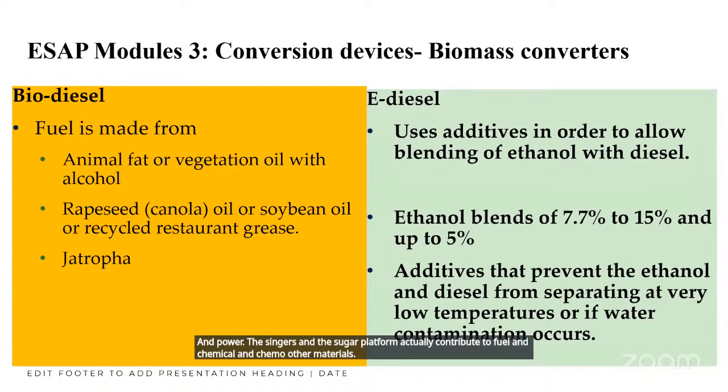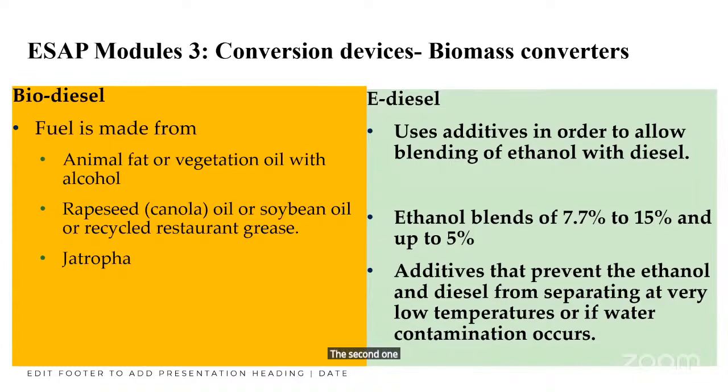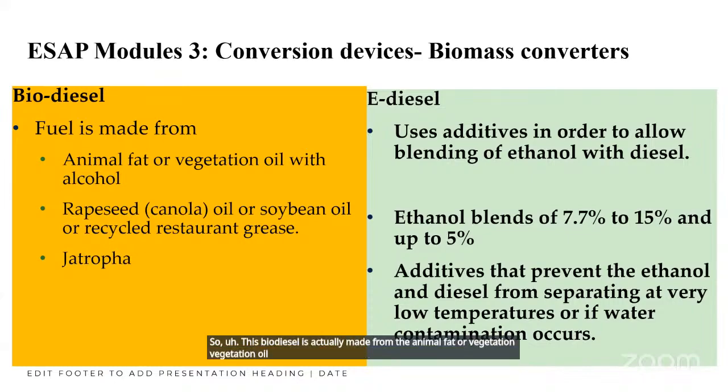The second one is the biodiesel and the e-diesel. This biodiesel is made from animal fat or vegetable oil. It can also come from rapeseed, like the soybeans. It can also come from jatropha.